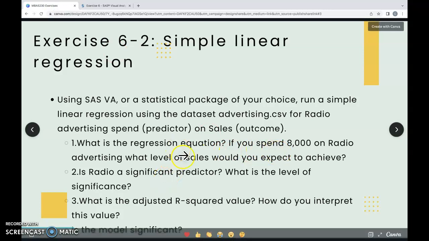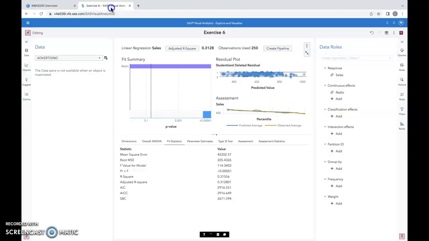And then what is the adjusted R squared value? As we can see, the adjusted R squared is 3128. And when viewing this, we can see that it is lower than the regular R square, so the model is not significant.